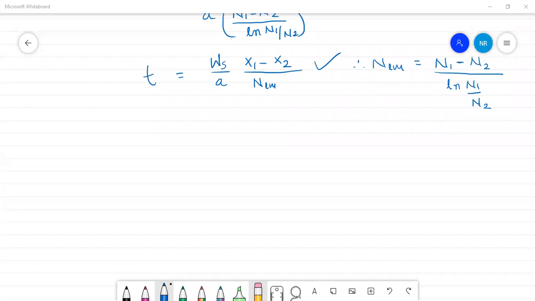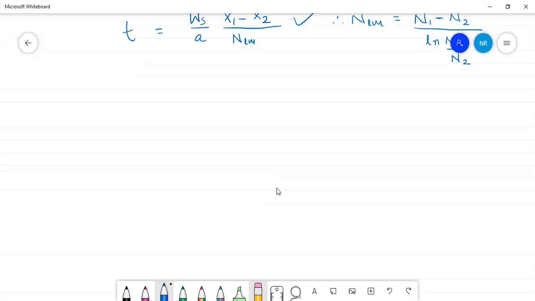Okay, students, let me paste one graph, and based on this graph we have to calculate the example. Okay, one graph is on your screen.